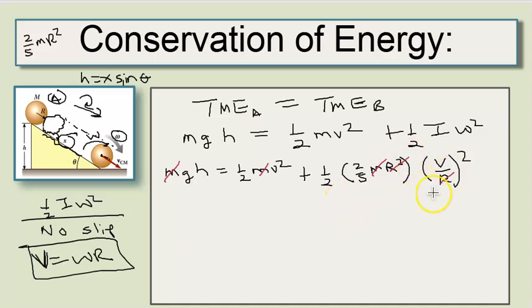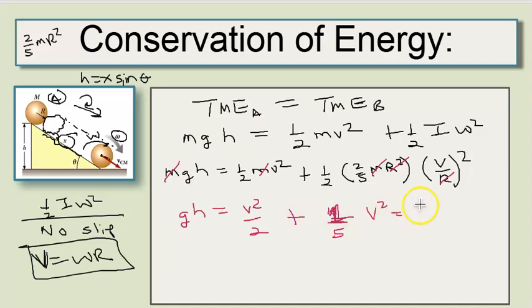This r squared cancels with that r squared. So you get gh equals v squared over 2 plus, the 2's cancel, 1/5 v squared.